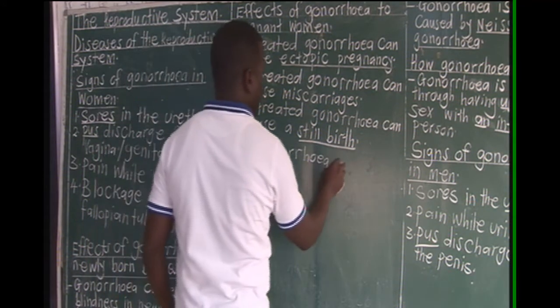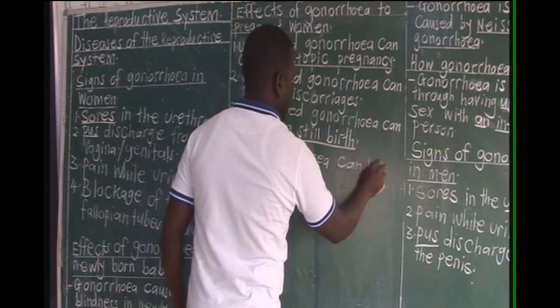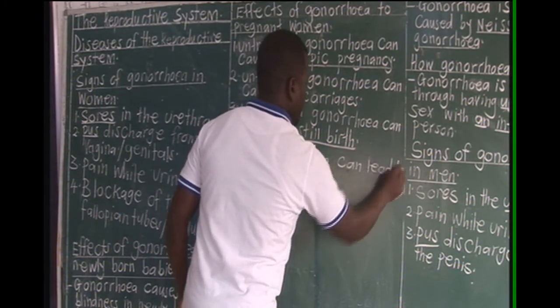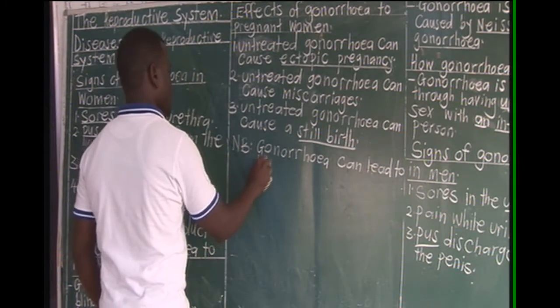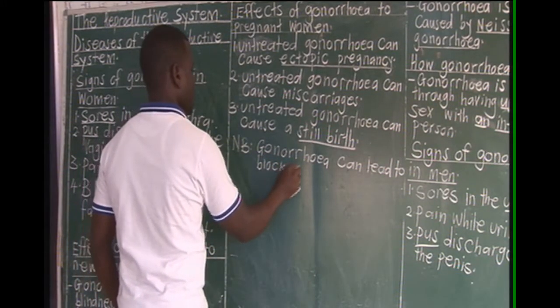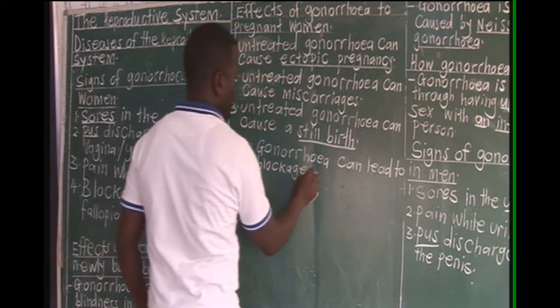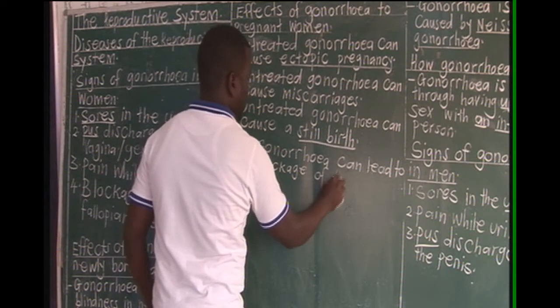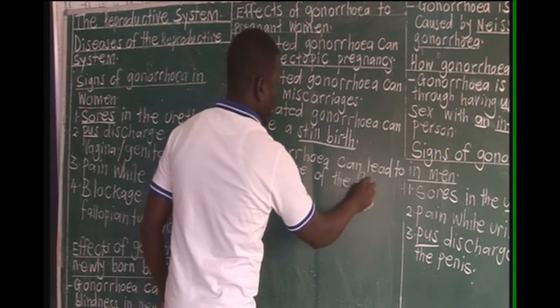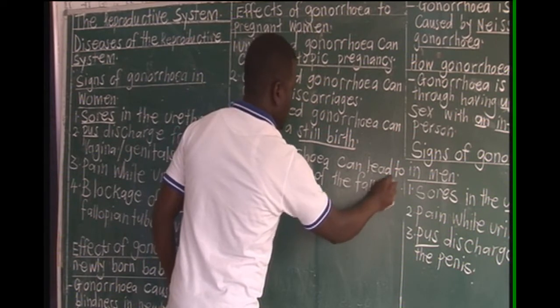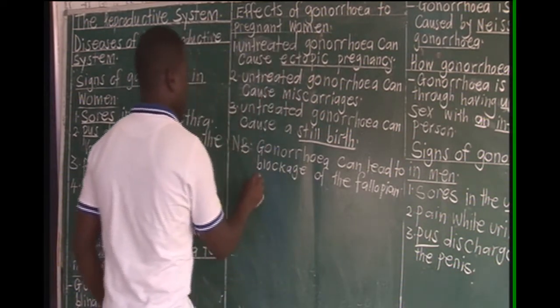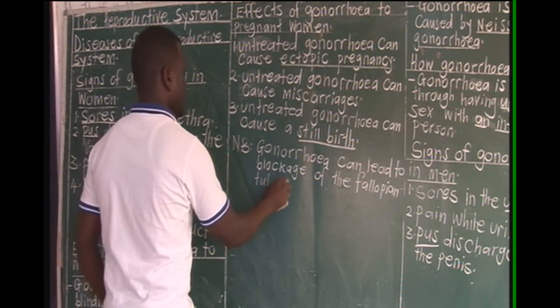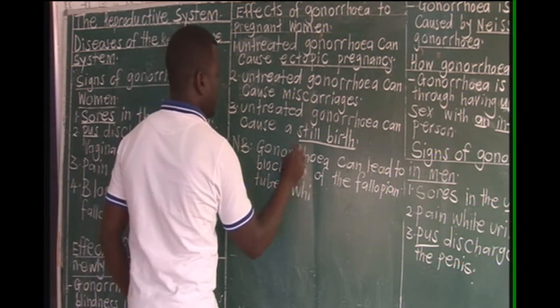Gonorrhea can lead to blockage of the fallopian tubes, which may cause barrenness.